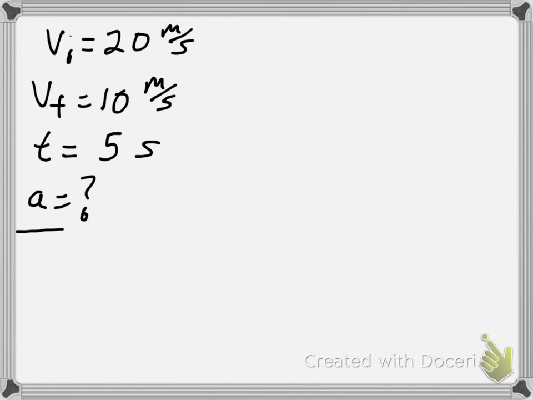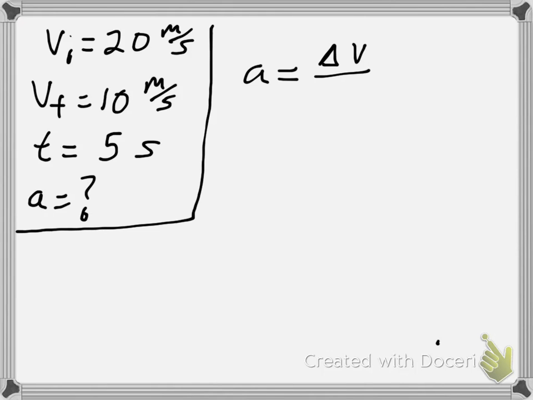So if we go back to our equation library, which equation should we use? Well, it turns out that the simplest one is just going to be the definition of acceleration. It's already solved for us. We don't have to do any manipulation, and we can start plugging in our values in.